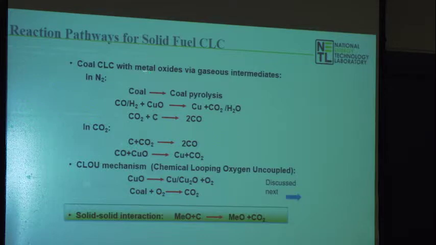So coal reacting with metal oxides, as I just said, you get coal, you get pyrolysis products. Those pyrolysis products include syngas. That can react with copper oxide to produce the product, hydrogen, water vapor. That stuff can actually then go through and participate in gasification of the remaining carbon.